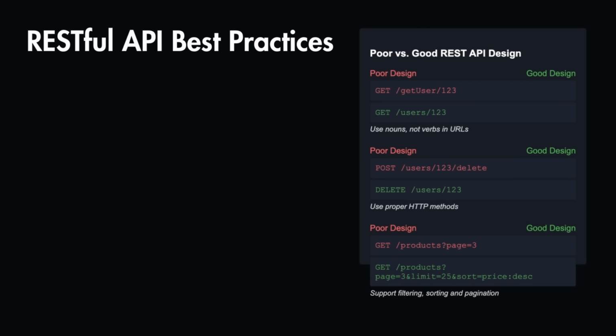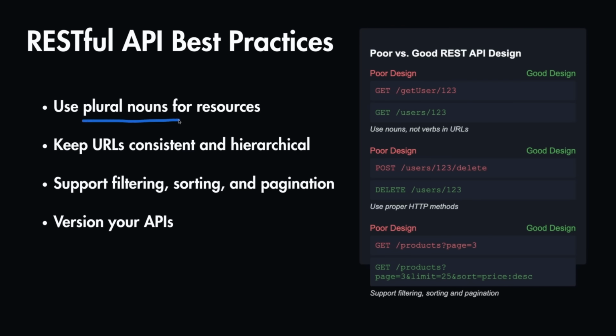When it comes to best practices of RESTful APIs, first of all, notice that we are using plural nouns for all of the resources. So instead of /product, we are using /products for retrieving the products collection. You should always use the plural. Also, in CRUD operations, we use the proper HTTP methods.